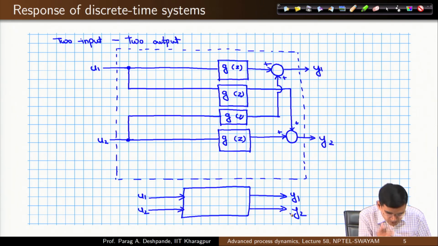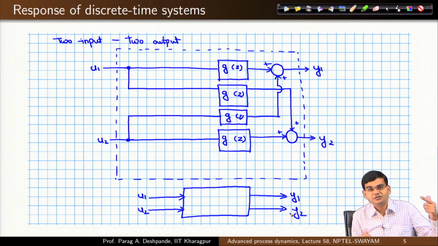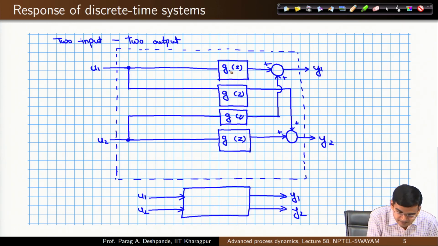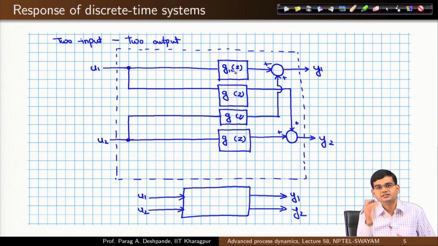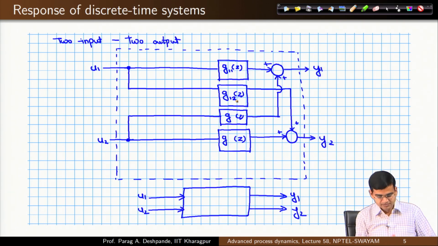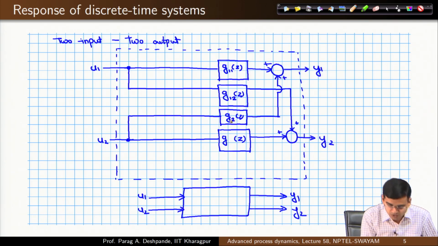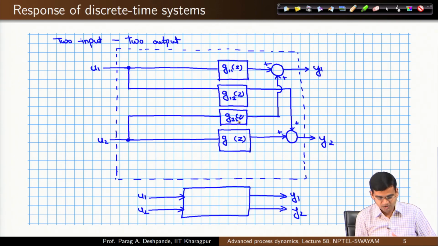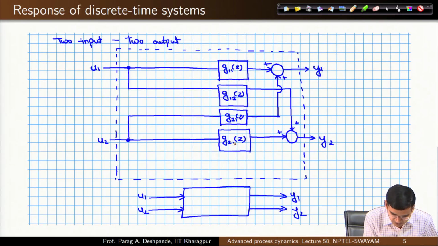Now, what does the topmost block give me? G z, it gives me the effect of input 1 on output 1. What does the next block give me? It gives me the effect of input 1 on output, let us follow the arrow, it goes to output 2. Similarly, the third block from top gives me the effect of u2 on y1, and finally, the fourth block gives me the effect of u2 on y2, right.